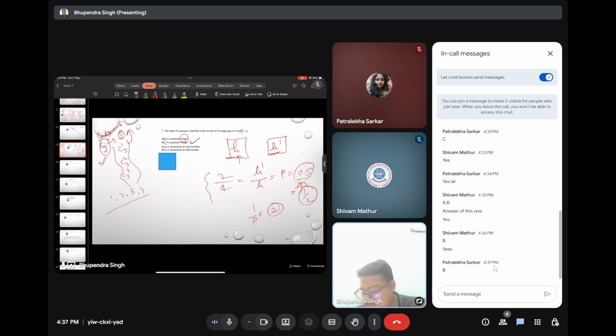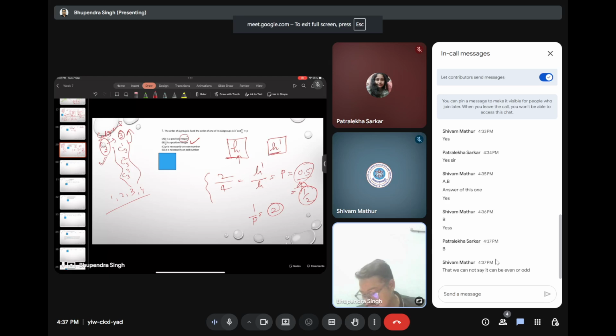And what about options C and D? P is necessarily an even or odd number. We cannot say, it can be even or odd.